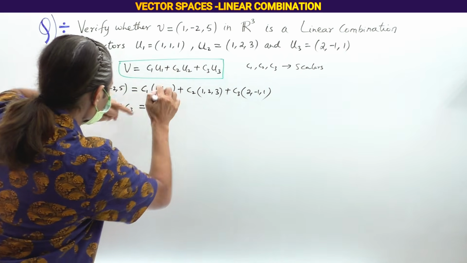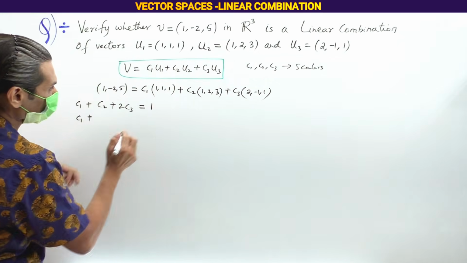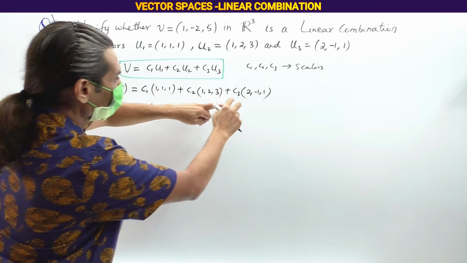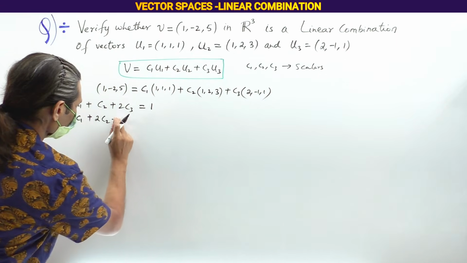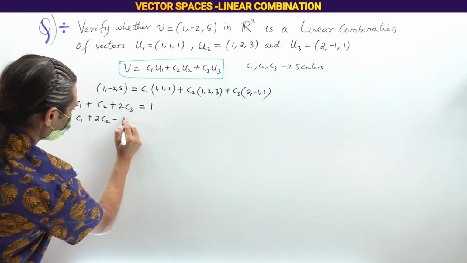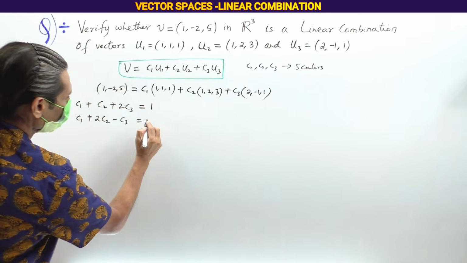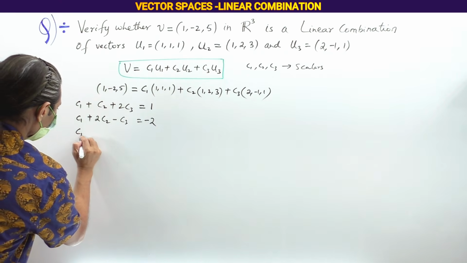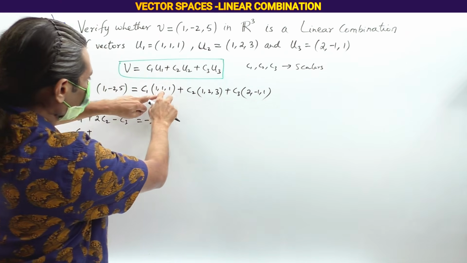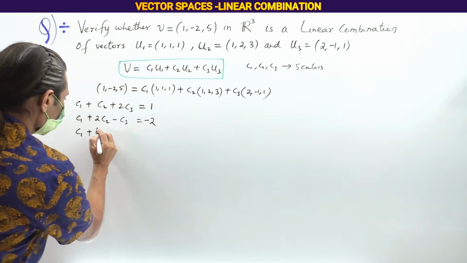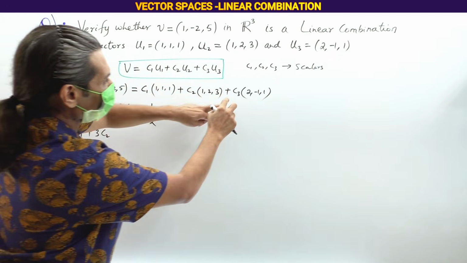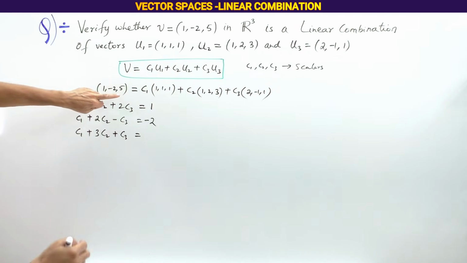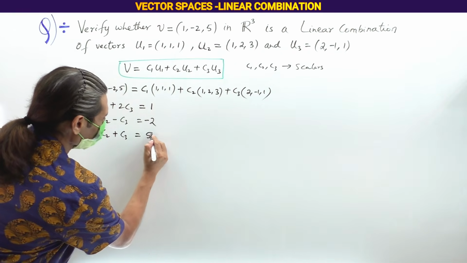Next, C1 + 2C2 - C3 = -2. Lastly, C1 + 3C2 + C3 = 5. I hope you understood how I compare.